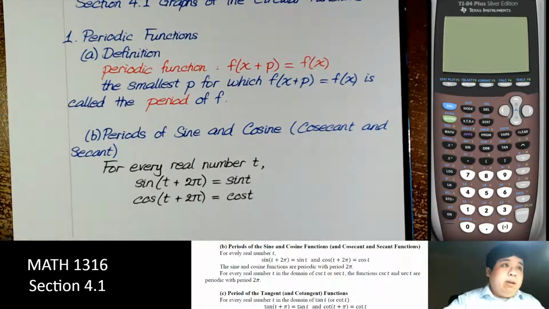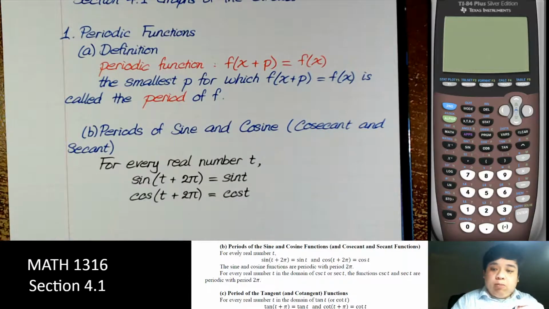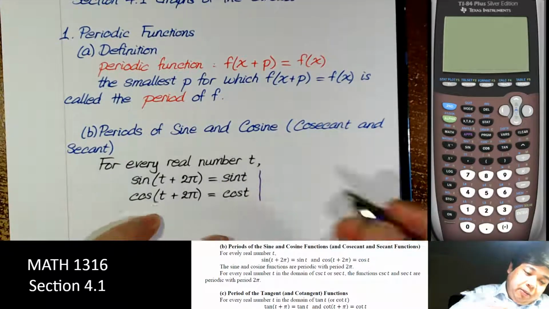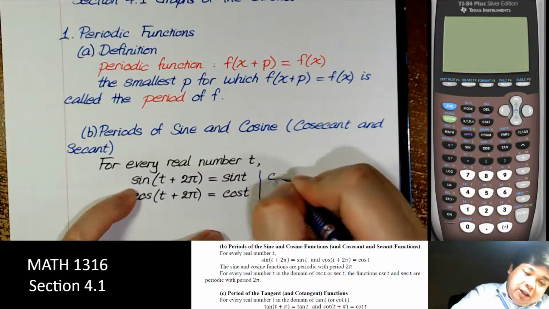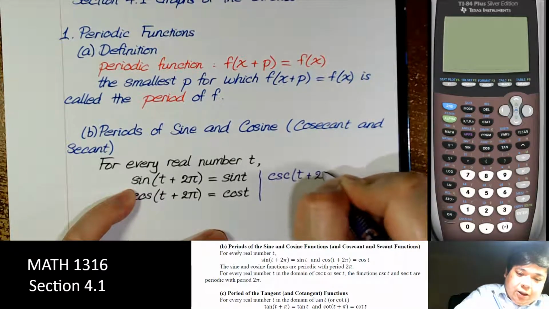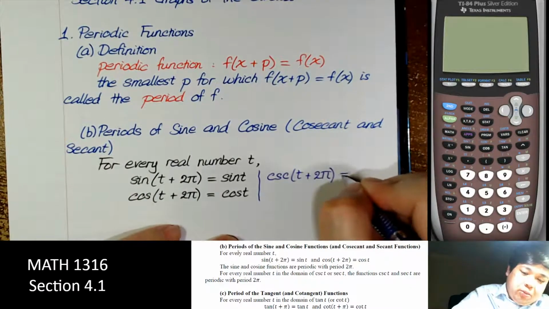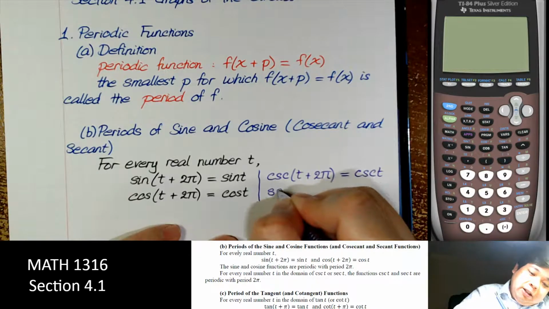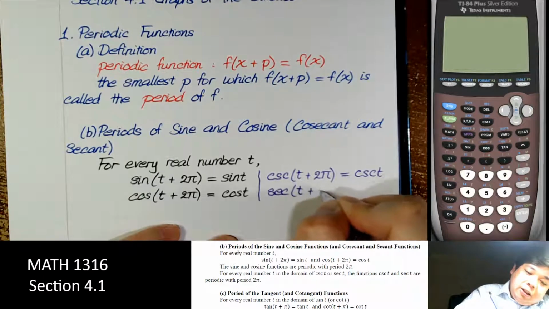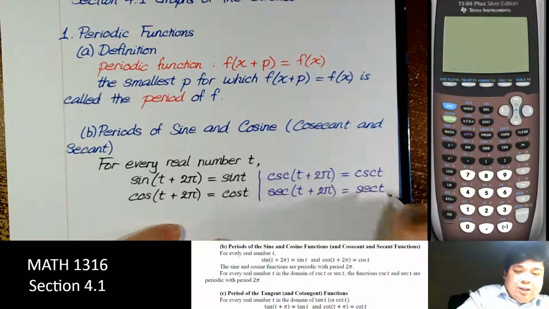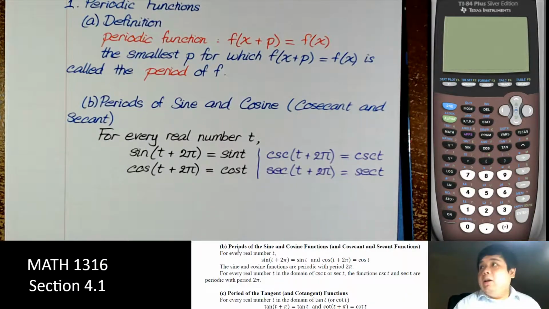In the same token, because secant and cosecant are reciprocals of sine and cosine, we can also write cosecant after 2 pi will be the same, and secant after 2 pi will stay the same. Right.